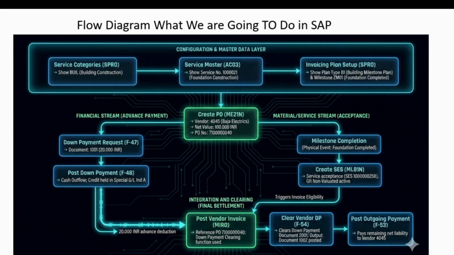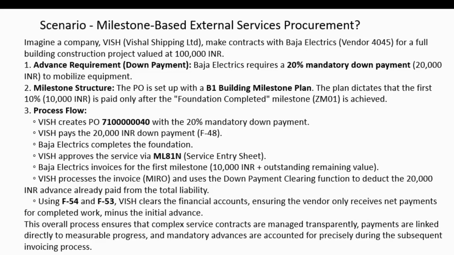Advance requirement, that is down payment: Bajaj Electrics requires a 20% mandatory down payment, 20,000 rupees, to mobilize equipment. Milestone structure: the PO is set up with a B1 building milestone plan. The plan dictates that the first 10%, rupees 10,000, is paid only after the foundation is completed, when milestone ZM01 is achieved.